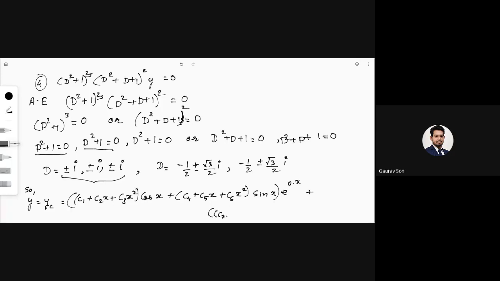(C7 plus C8 x) cos of root 3 by 2 x plus (C9 plus C10 x) sine of root 3 x by 2, times e to the power, the real part being minus 1 by 2, e to the power minus x by 2. So this is the final solution.